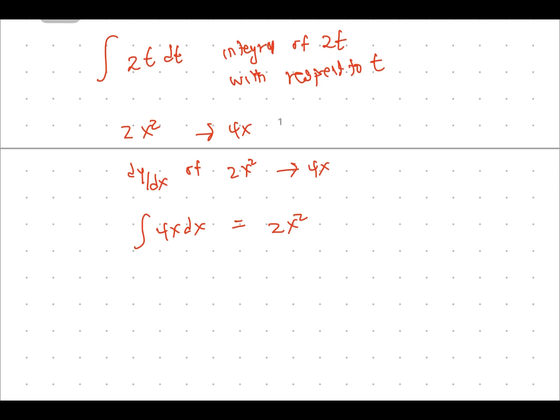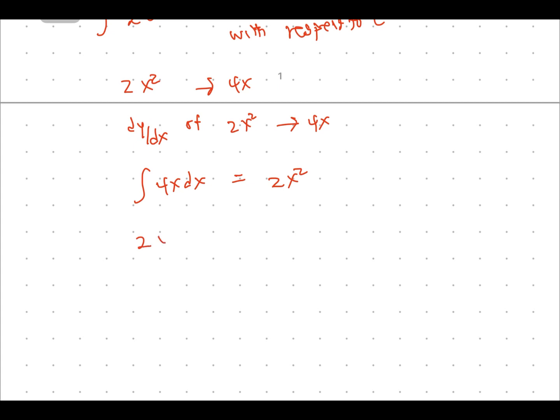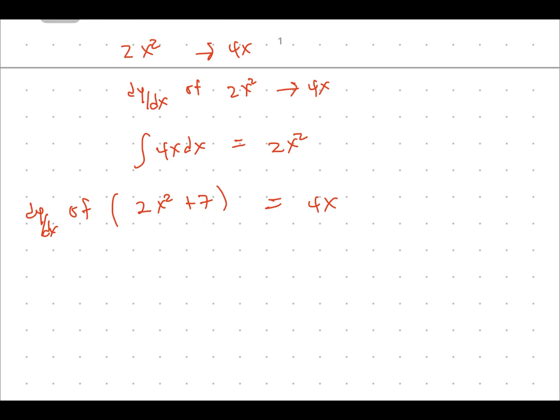However, the differential coefficient of 2x squared plus 7 is also what? 4x, right? When I say differential coefficient, the dy dx of this function is also 4x. Hence, we can say that the integral of 4x dx is also equal to 2x squared plus 7.